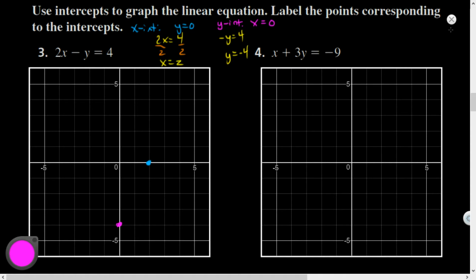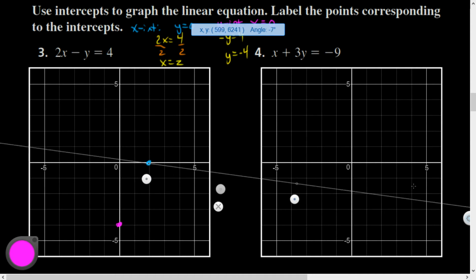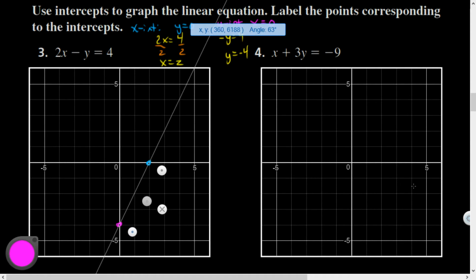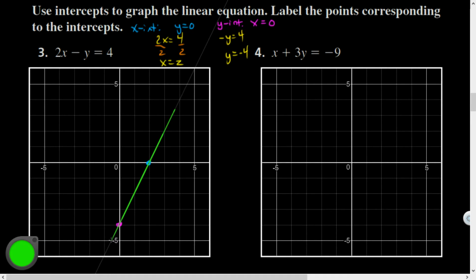Oh dear, I just used my symmetry tool. I meant to use my ruler. And then using those 2 points, I can now draw a diagonal line, just like this. I could have had it continue further than that. There we go. And then I put arrows on my line because this line does go infinitely far.